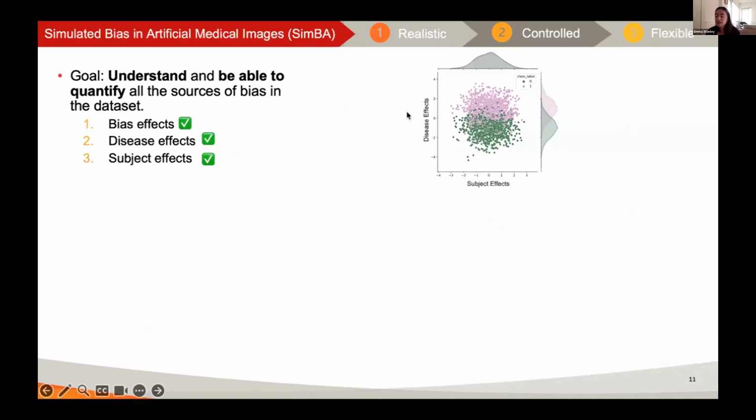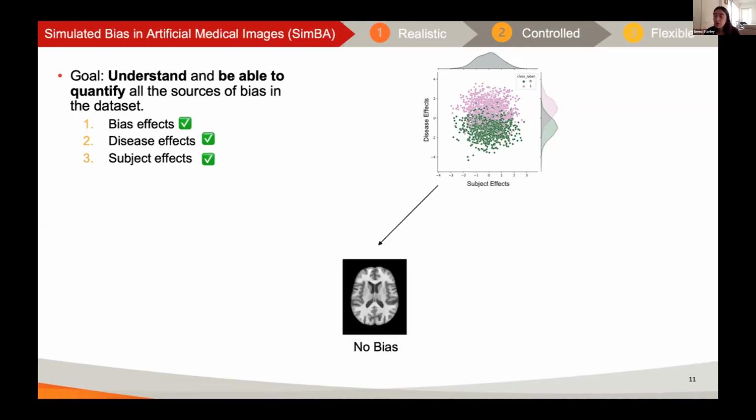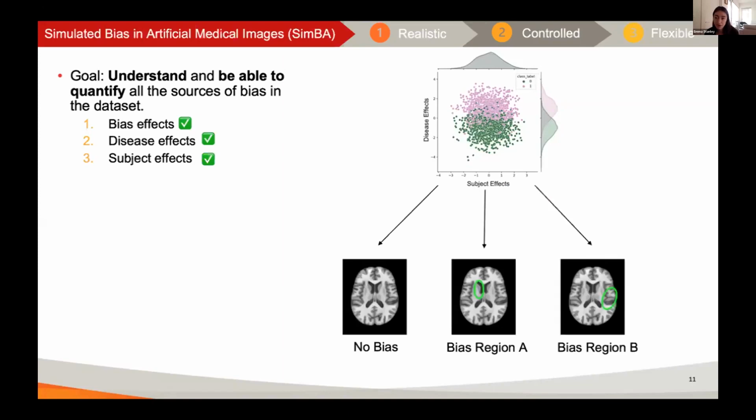But actually defining these distinct distributions of simulated subjects also allows us to perform an even more rigorous analysis of bias and actually account for that small amount of bias introduced by the distributions, because we can generate multiple data sets with these same subjects, either without the bias effect we want to study, or with the bias effect in different spatial locations, for example.